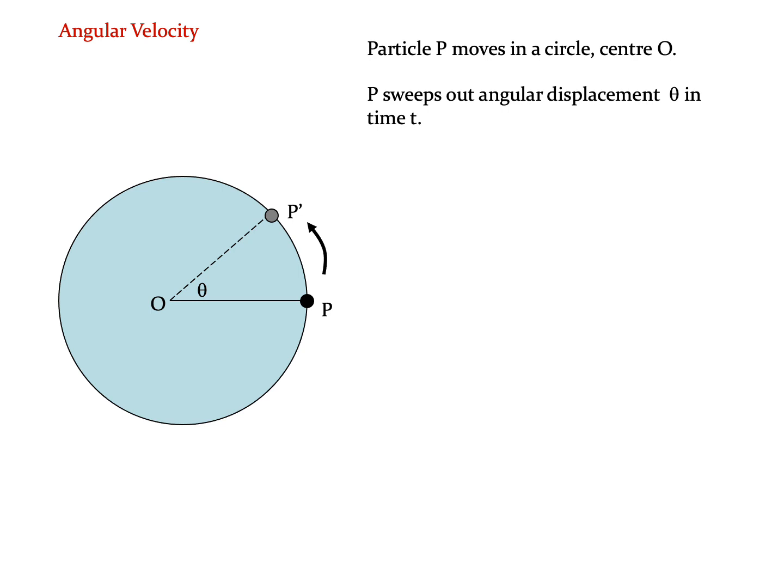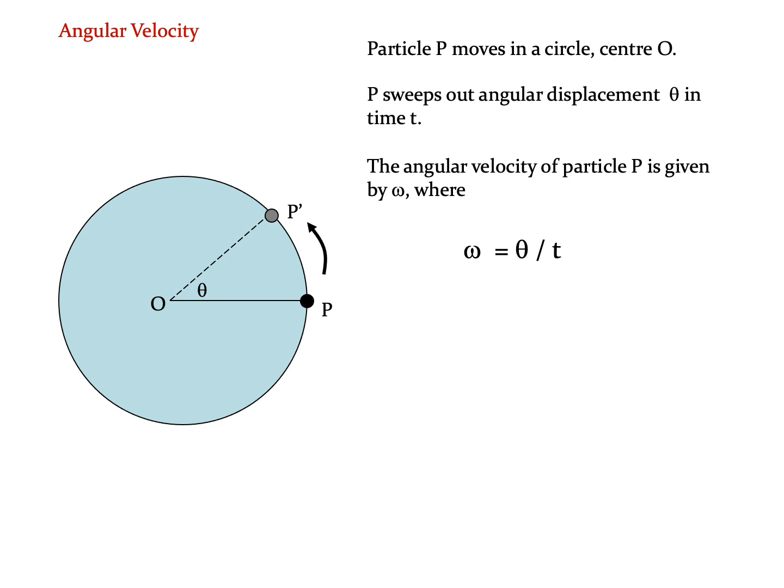Well, we're now going to define the angular velocity of the particle P. It's given the name omega, the Greek letter omega, and the definition of omega, angular velocity, is quite simply the angle swept out, theta, divided by the time taken, t.